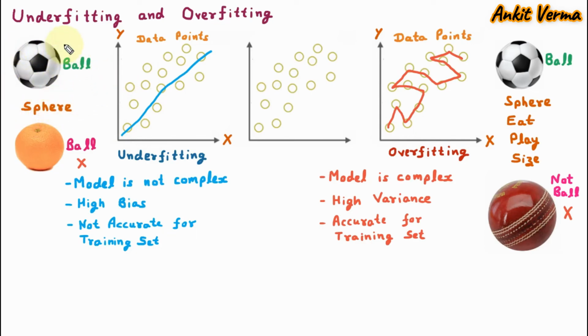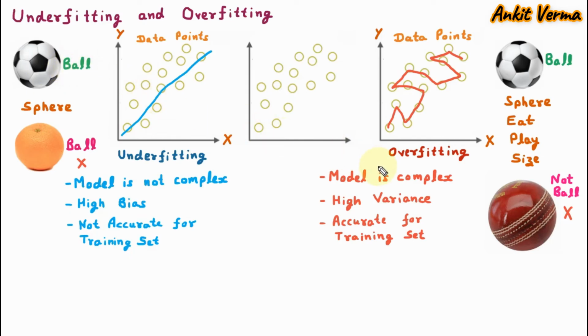So if the training set is the ball, and even this ball if we give to the model, the answer may be wrong because we have taken only a single attribute. So even on the data set from which we are training the model, the model may be inaccurate. So this is not accurate for the training set.